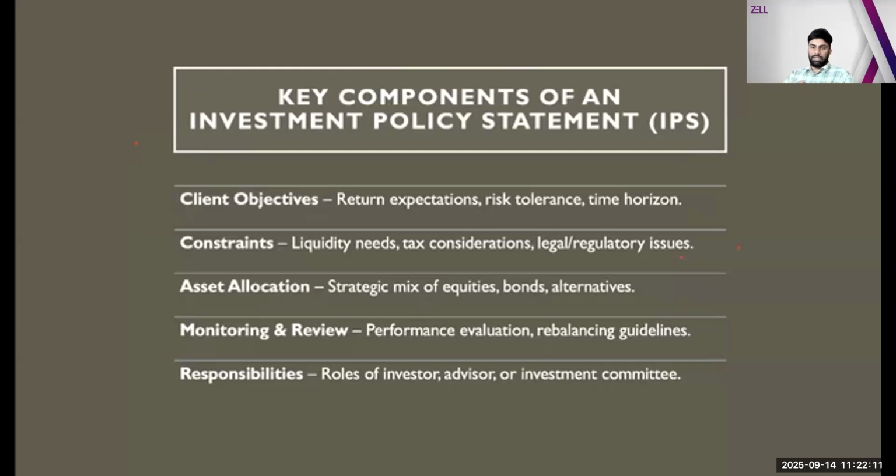Does he have only one source, or are there any other passive sources that he has? Got it? Now, on this basis, I am going to decide what his responsibilities are. How much he has to give here, how much he has to give there. What is it that is saving with him? And only after that, I will move on to his tolerance. That is the risk tolerance. Will he be able to take the risk?